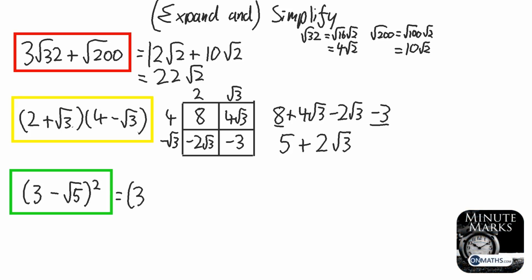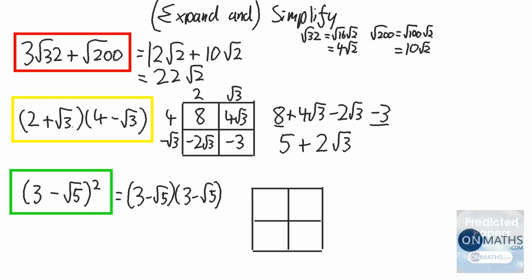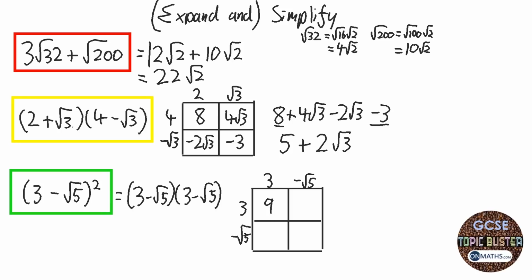Last one, rewrite it so that it's 2 brackets, and we go through the same process. So we do our grid, and at the top we've got 3 minus root 5, at the bottom we've got 3 minus root 5. 3 times 3 is 9, 3 times minus root 5 is minus 3 root 5, minus 3 root 5, and minus and minus is plus, root 5 times root 5 is just 5.